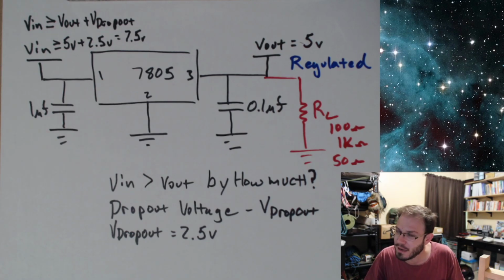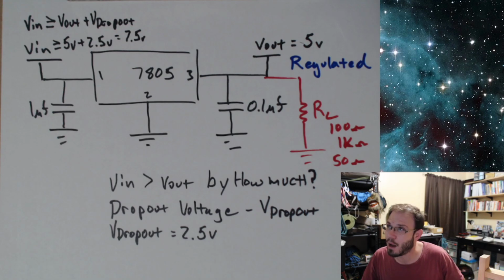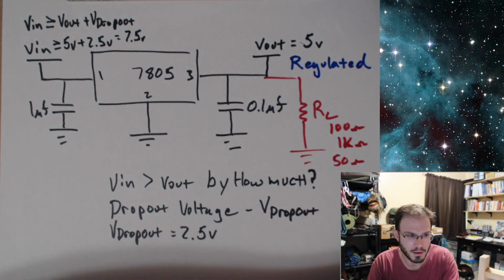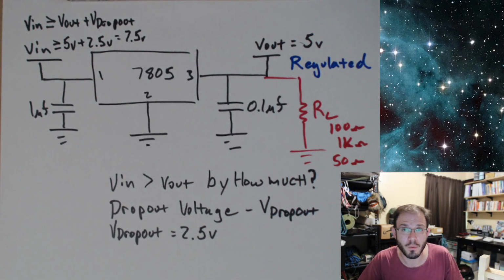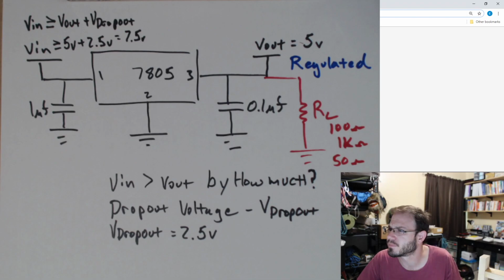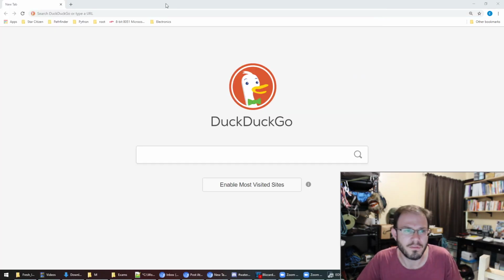Whenever we're working with any part, the data sheet is what has all of the useful information. That's where I got that 1 microfarad and that 0.1 microfarad. So let's go ahead and open up the data sheet. I was actually looking at one of these just the other day.